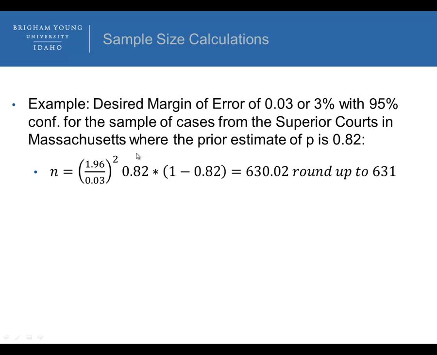So what we would do is take 1.96, which is our critical value for a 95% confidence interval, divided by our desired margin of error of 0.03, squared, times our prior estimate of 0.82 times 1 minus that prior estimate. We get a sample size number of 630.02, and we round up to 631.